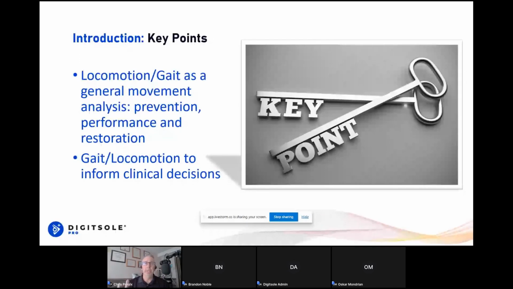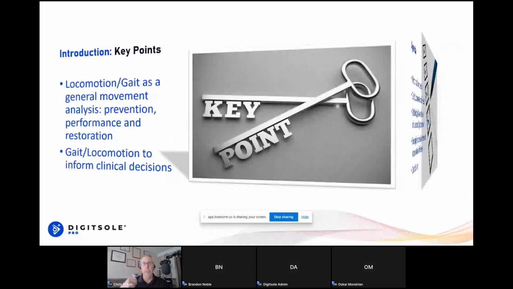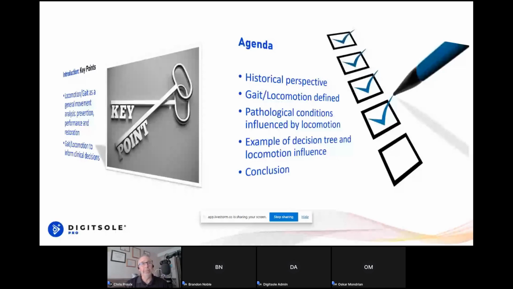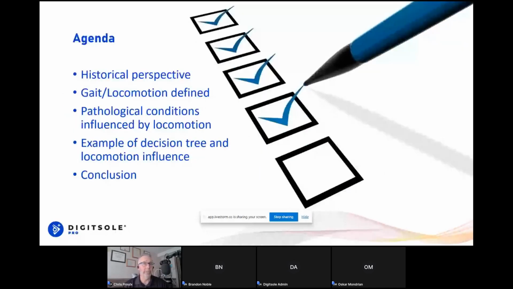So we'll get into a little bit about what gait is. The intent is not to go into great depth of a gait or locomotion analysis, but, like I said, to lay that framework and start to think about what's available to us today that wasn't available not too long ago, and how we can think about utilizing this approach within the clinical setting.